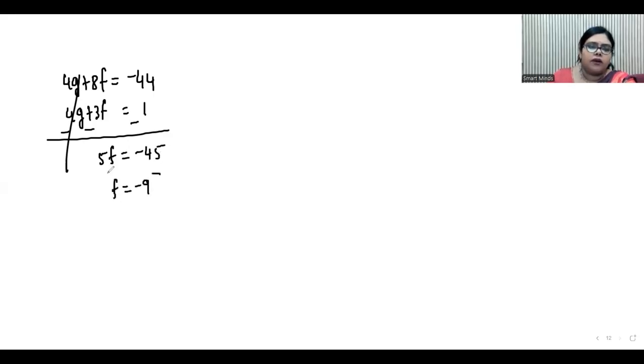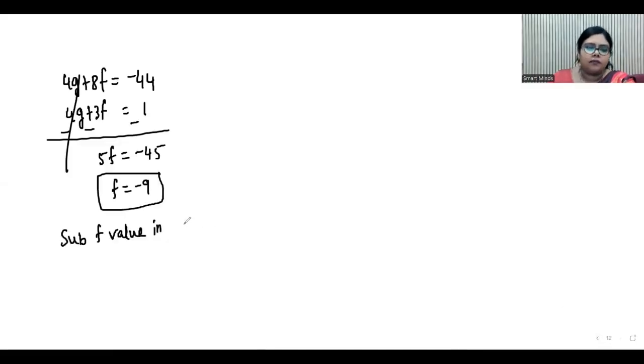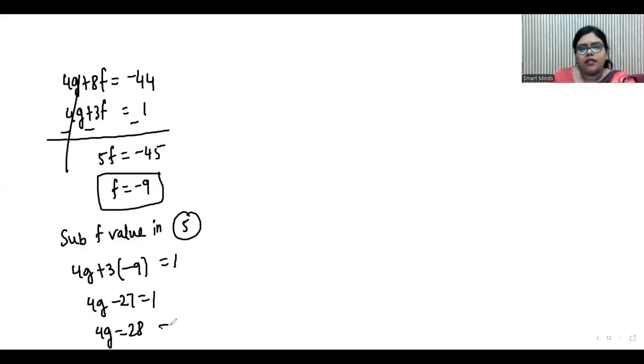F is equal to minus 9. Now substituting the f value in equation number 5. So 4g plus 3 into minus 9 is equal to 1. 4g minus 27 is equal to 1. 4g equals to 28. So g is equal to 7.